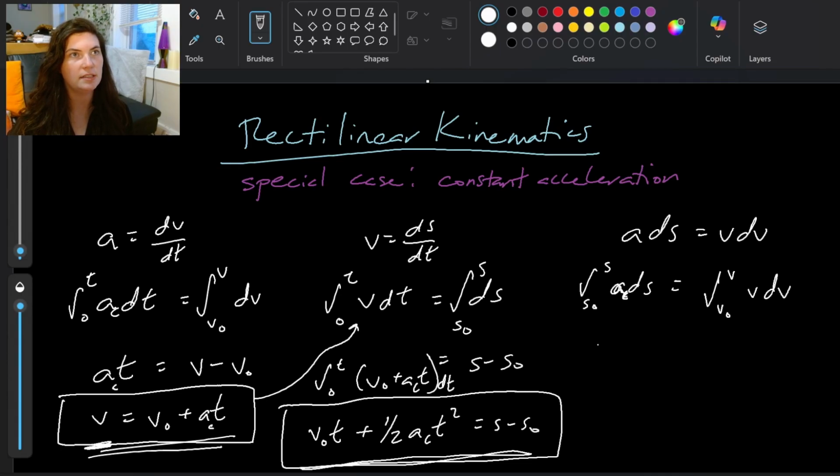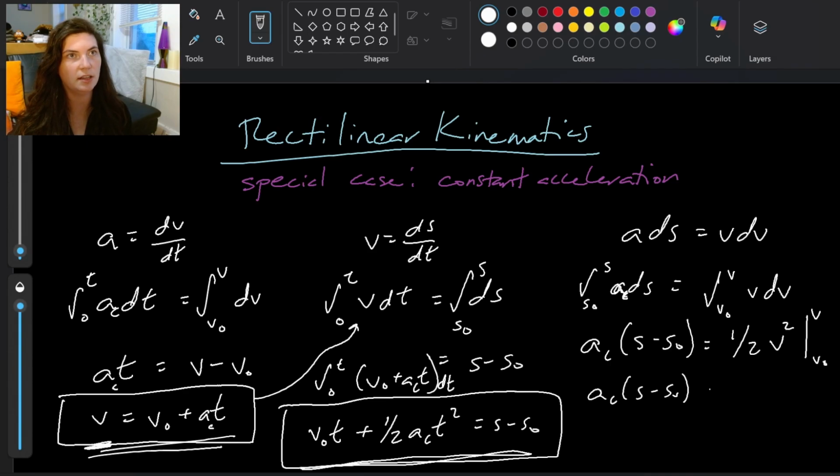So when I integrate this, I'm going to get a_c times s minus s naught is 1/2 v squared from v naught to v. I need to plug those in. I'm going to get a_c times s minus s naught is 1/2 times v squared minus v naught squared.